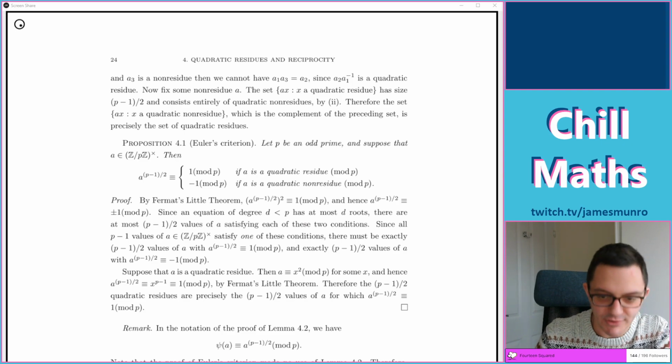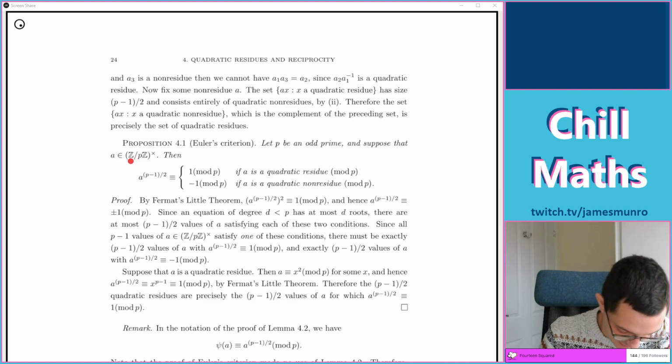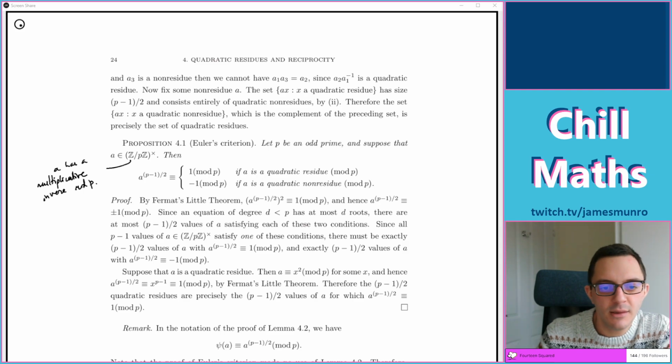So let me try and decipher some of this for you. P is an odd prime, and suppose that A is in this set. Now this set is a kind of shorthand for A has a multiplicative inverse. So this set with the cross up here, for multiplication I guess, or maybe a cross to ban the things that don't have inverses, whatever.